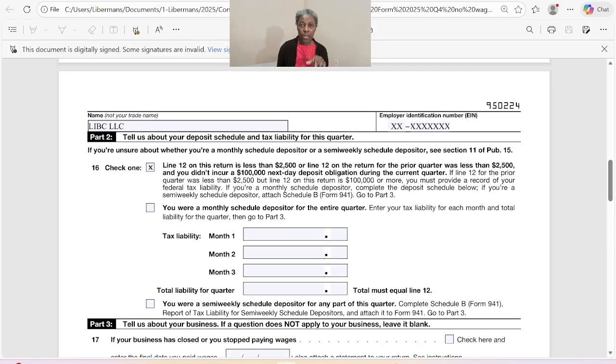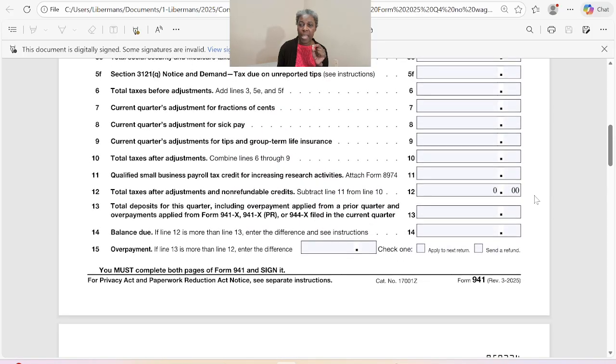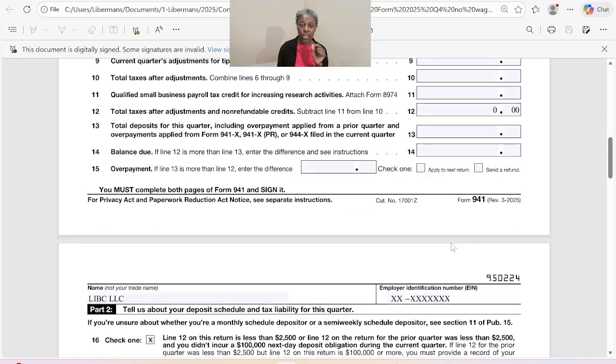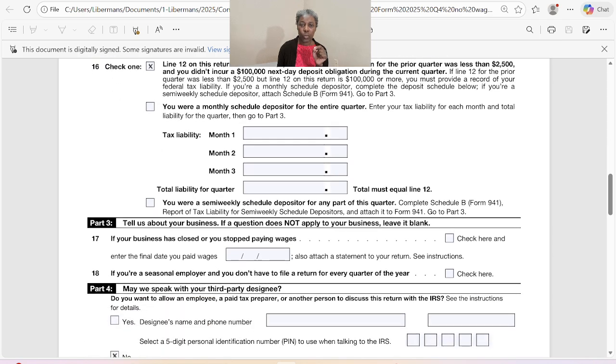Page 2 of Form 941, you'll have your business legal name, your business identification number, and then you'll come to part 2, line 16. If your line 12 is less than 2,500, you check the first box, and then you go to part 3, which we did. So part 3, if your business closed, read the instructions about it.